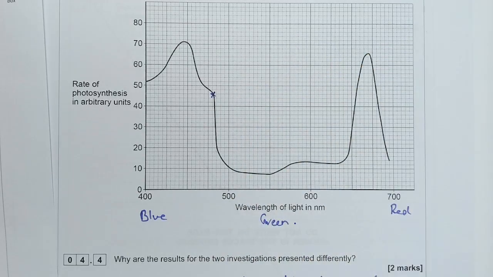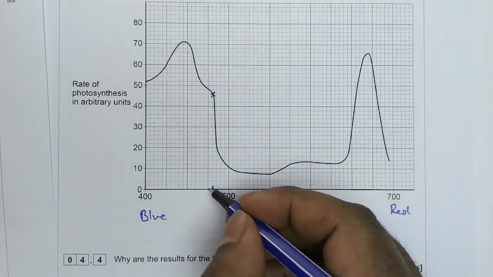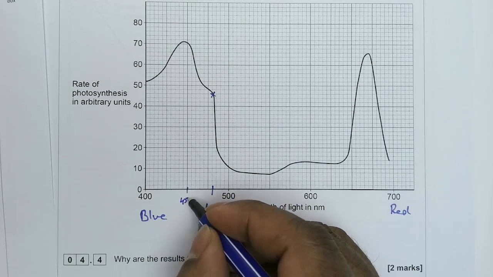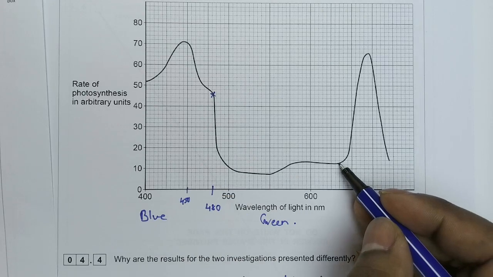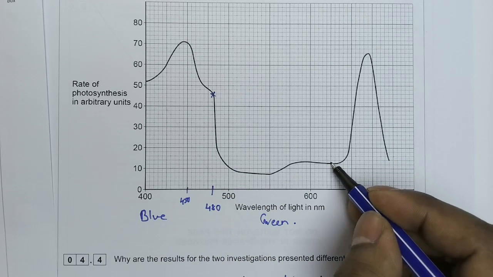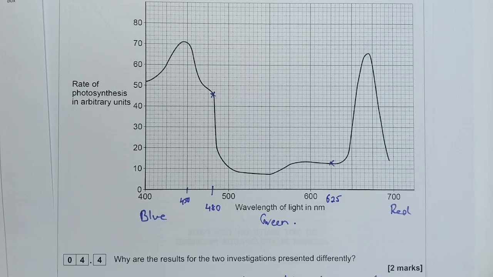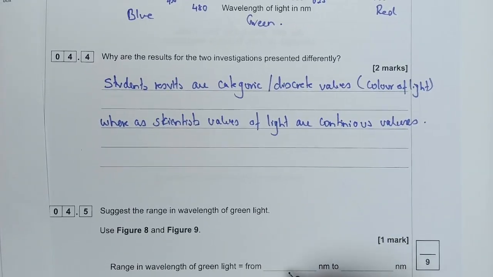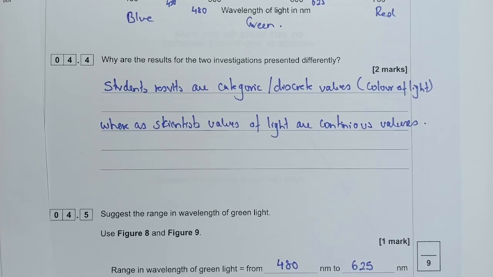I would take it from where it's dropping, about 450, 475, so that's about 480, and to the point somewhere here where after that it's starting to increase. So I would say 625. So the range that I would write is between 480 to 625 nanometers. So let's have a look at the marking scheme answer.